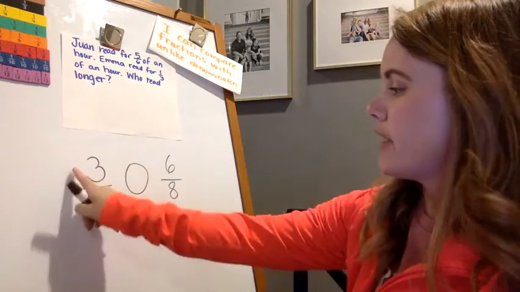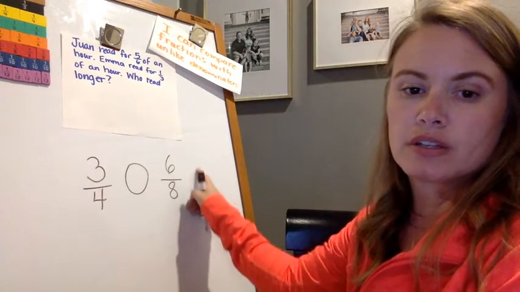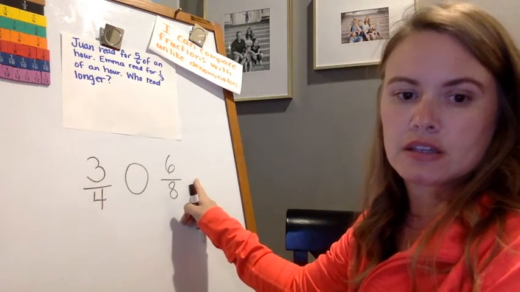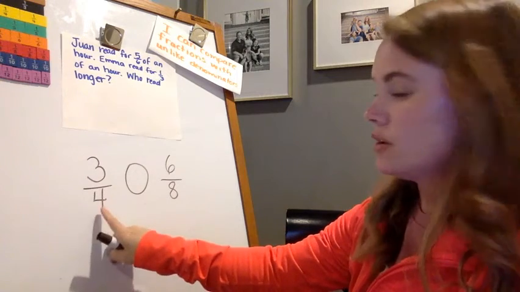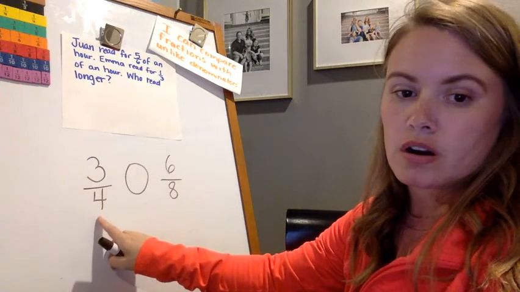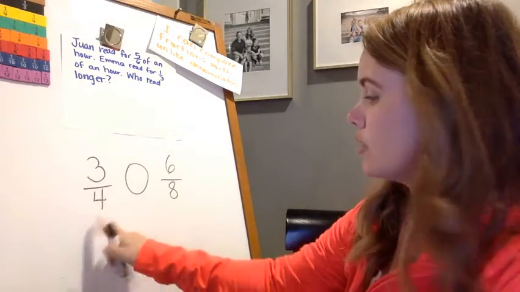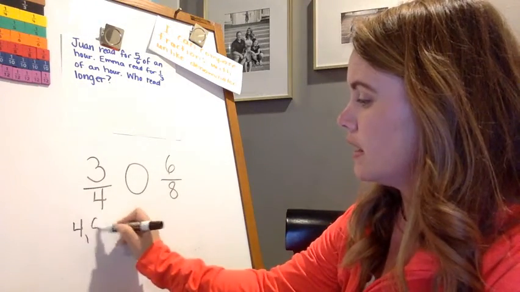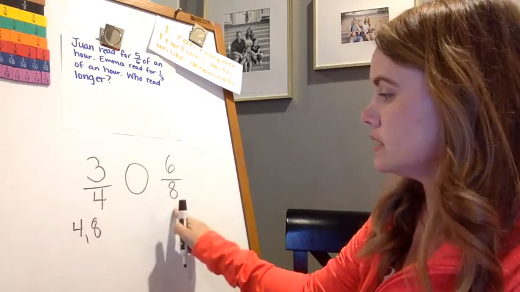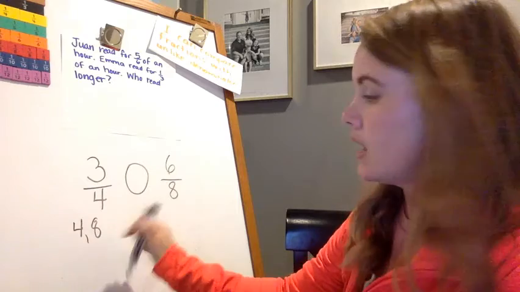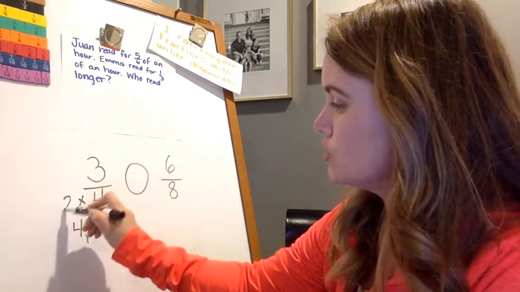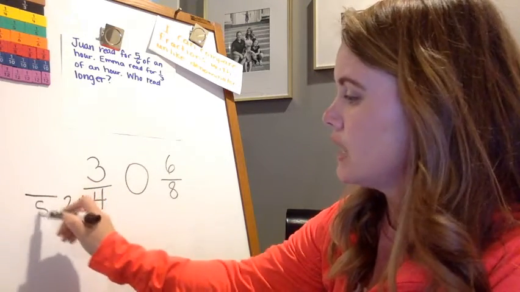So let's look at 3/4 and compare it to 6/8. Again, I'm going to start here and look, is 4 going to have 8 as a multiple? So I go 4, 8, and sure enough, there it is. What did I do? I took it times 2 to get me to 8.